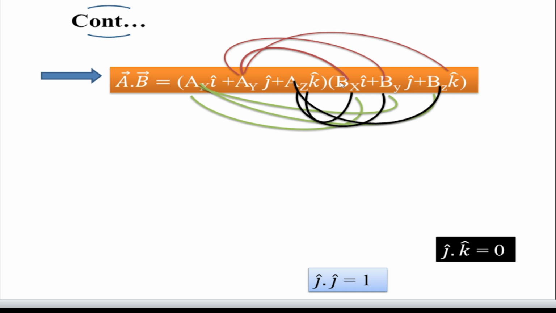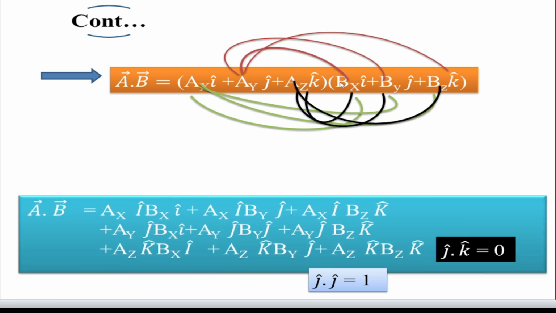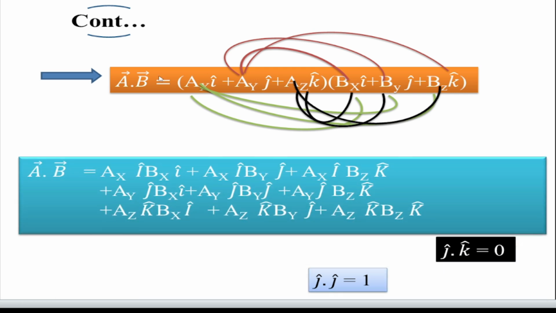And then please, my dear students, remember what we said and what you are learning about the unit vectors. That's good. Look, at the end you will find these products.